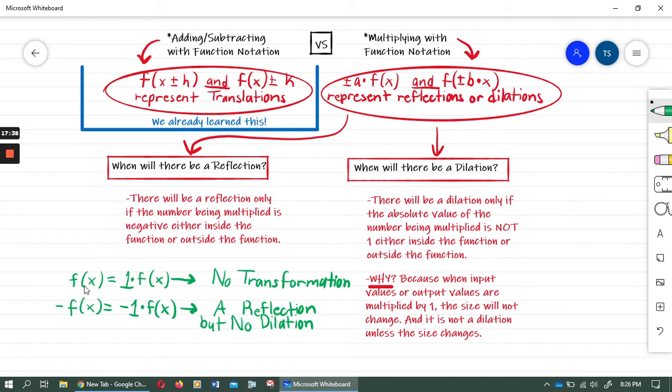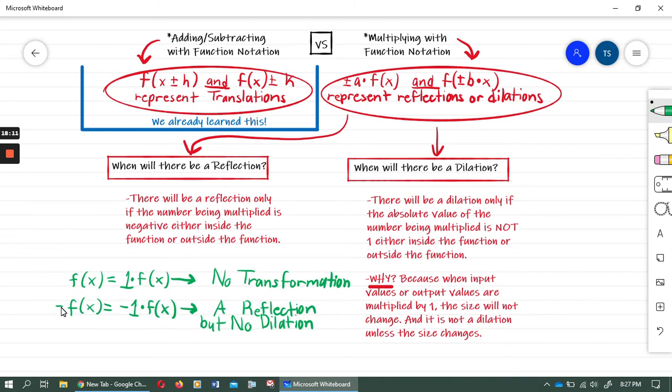This first one where you just have f of x, it's understood that there's a 1 being multiplied times that, even if the 1 is not visible and not written there. It's the same thing as if the 1 was not written. It's just the same thing as f of x. So there's no transformation there when it gets multiplied by 1.